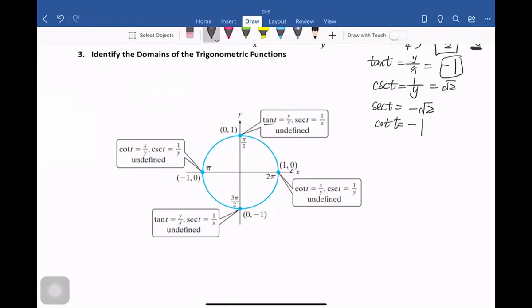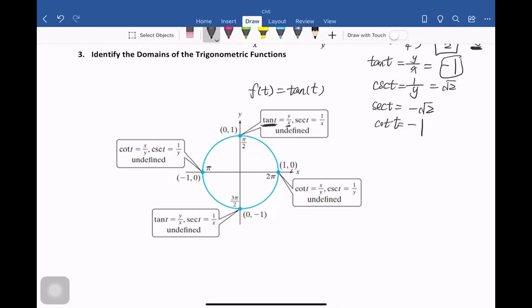We have learned that if we have f of t equals tangent t, tangent t equals y over x. What condition can make this function undefined? That means x equals 0. So the domain of this function cannot let x equal 0.